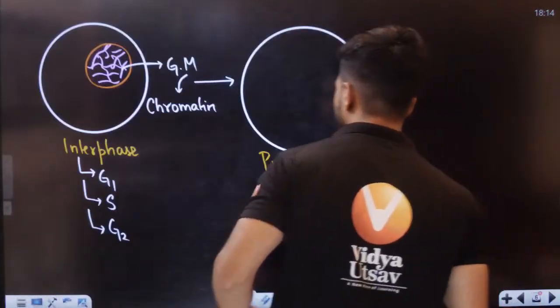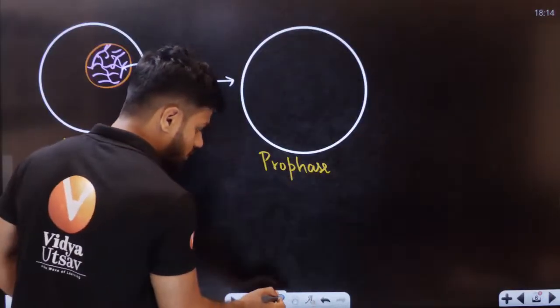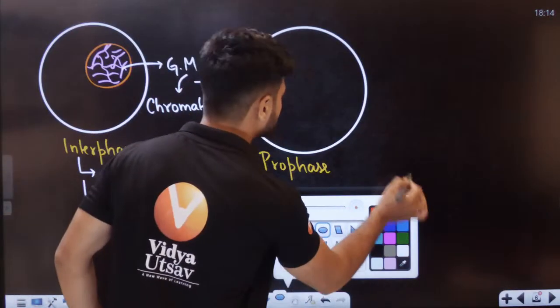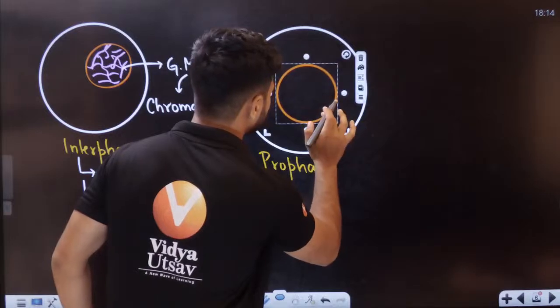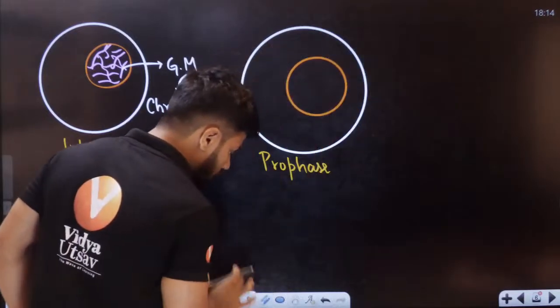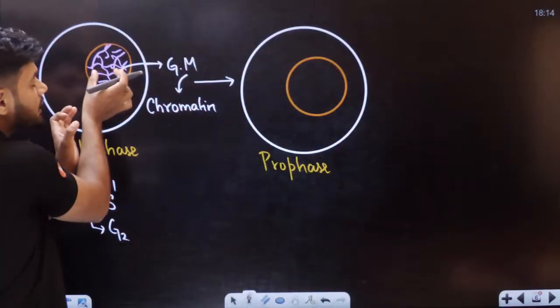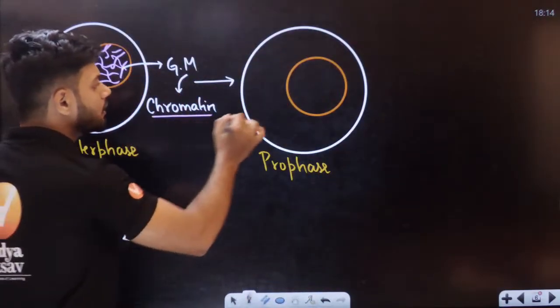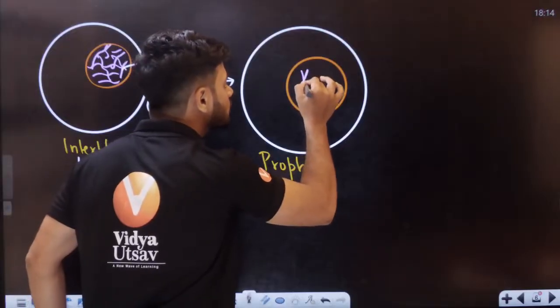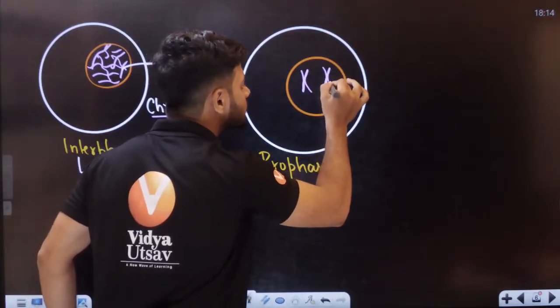Let me show you. Here, let's take a nucleus, students. Here we have the nucleus. Inside the nucleus, all of this genetic material, the chromatin, undergoes condensation to look something like this.